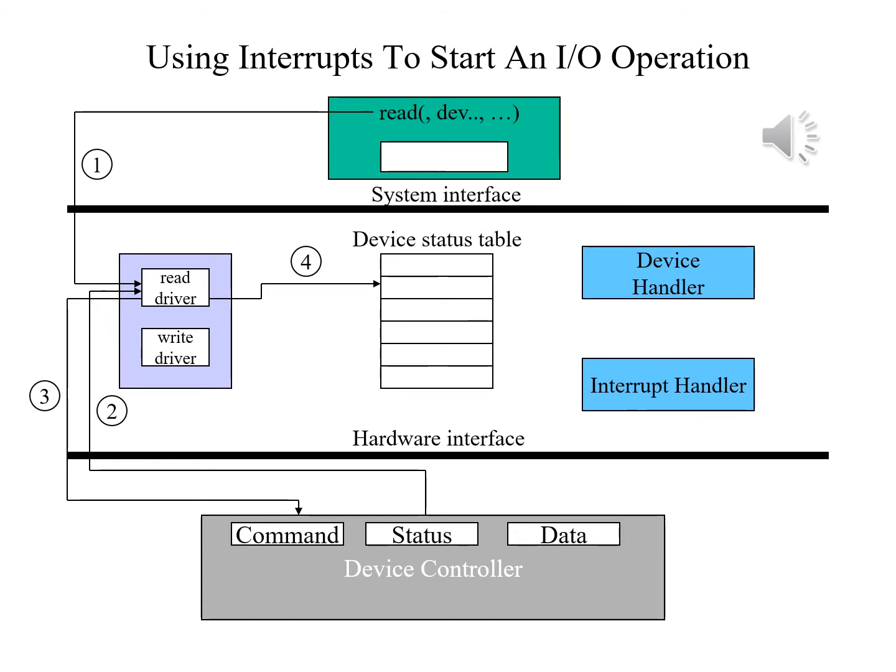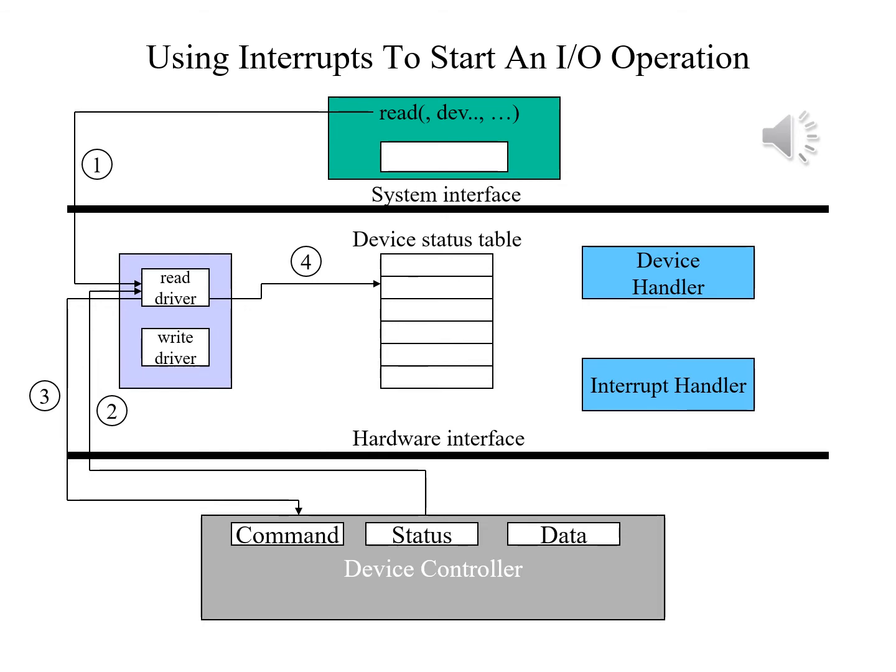In the example on the slide, the process starts with the application requesting a read operation in step 1. In step 2, the driver determines the busy status of the device. If it's busy, the driver will wait until the device is idle.